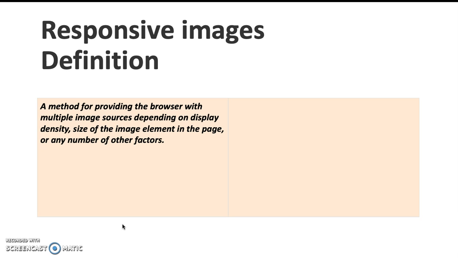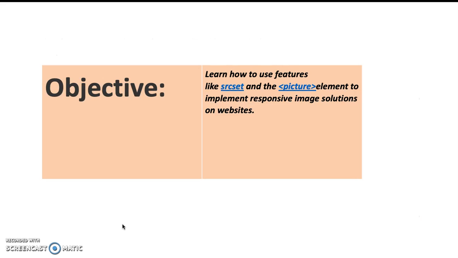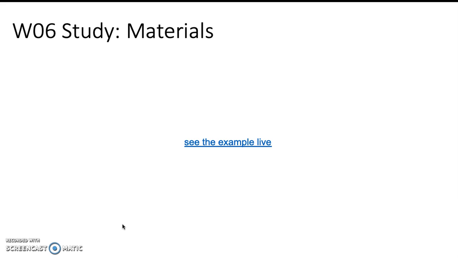Responsive images are just one part of responsive web design. What is the objective? To learn how to use features like srcset and the picture element to implement responsive image solutions on websites.